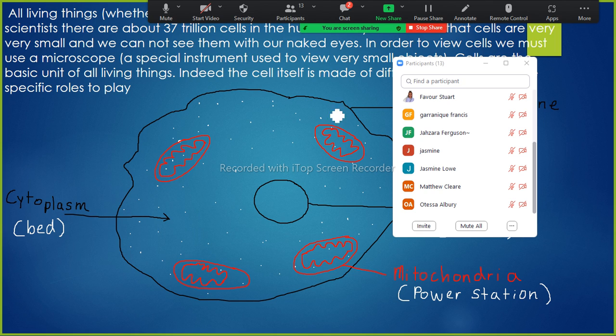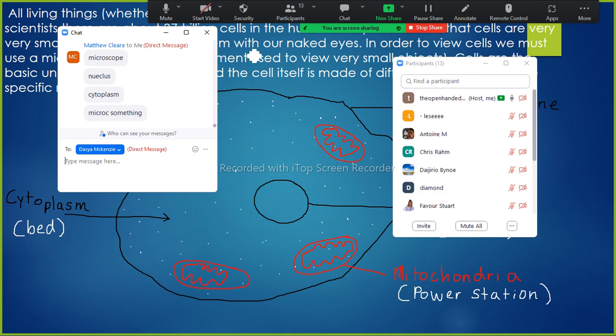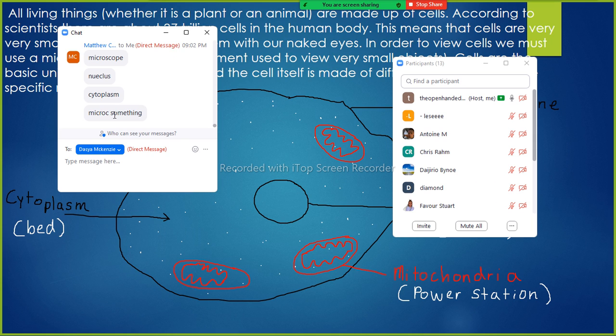Say it again. Mitochondria. Very good. And it provides the cell with what? Power or energy. Okay.